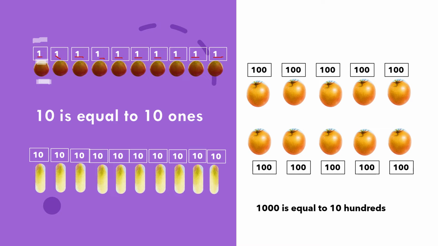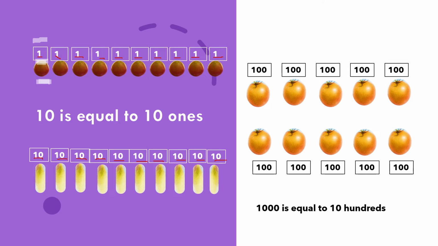Let us count how many tens were there. 1, 2, 3, 4, 5, 6, 7, 8, 9, 10. There were 10 tens.